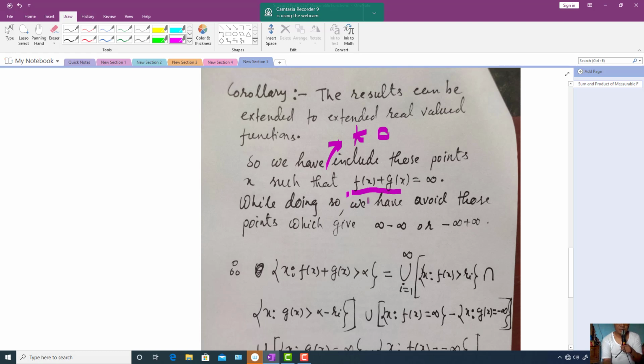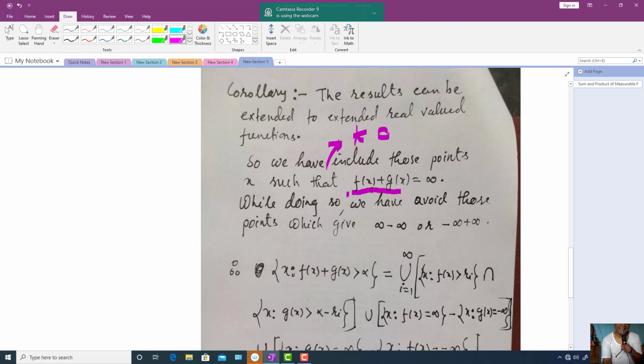While doing so, this part may give you positive infinity, but this part may give you negative infinity. Then you are going to get minus infinity to minus infinity. That is not allowed, that is undefined. In extended real numbers, that is an undesirable thing.